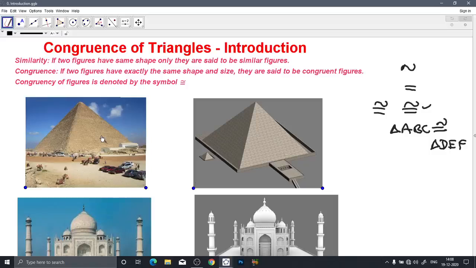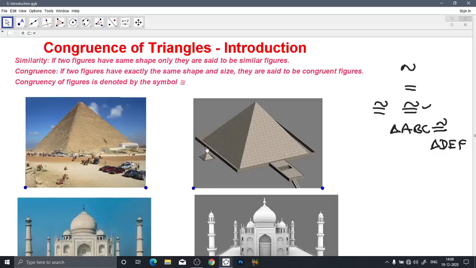If you observe the first figure, all of you know that this is the Giza pyramid, which is situated in Egypt. On the right side there is a model of this pyramid. If you observe, these look the same in shape, but this is a small model of the other one. It may have just 1 or 1.5 feet height, but the real one is hundreds of feet, hundreds of meters in height.